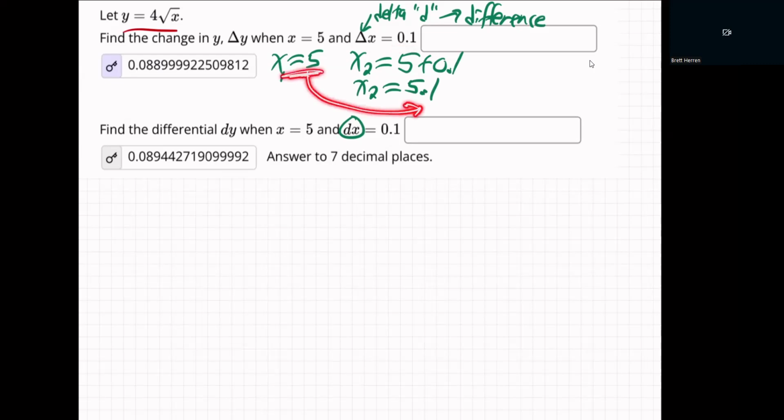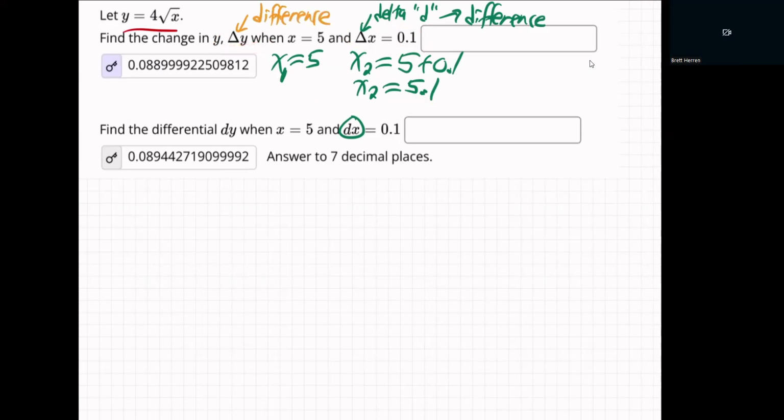So we're going from x is 5 to x is 5.1, a difference of 0.1. And we're wondering, when you do that difference from x1 to x2, what's the change in y? Again, that triangle means difference, so whenever you see it in math or science, think difference in y.